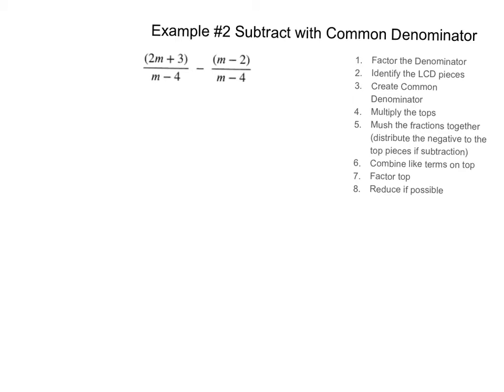Okay, step number 1, factor the denominator if we can. Well, again, this is going to be m minus 4. Now, a heads-up: anywhere between step 1 and 5, this minus in here we can distribute at any time. It is a lot easier to make this an addition problem than to keep it subtraction, because a common mistake is the distribution of the negative.